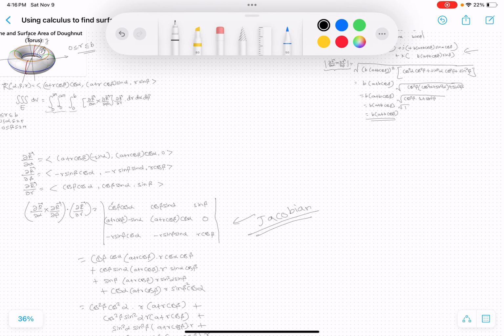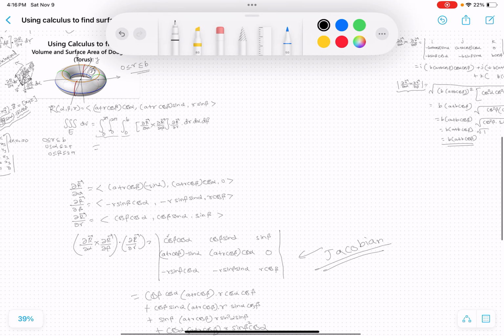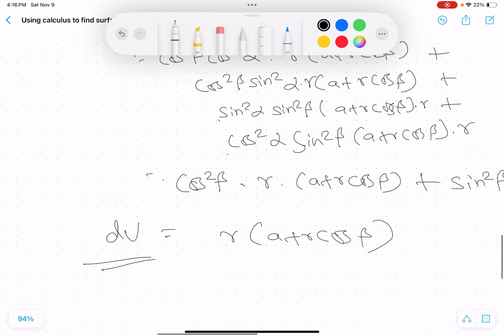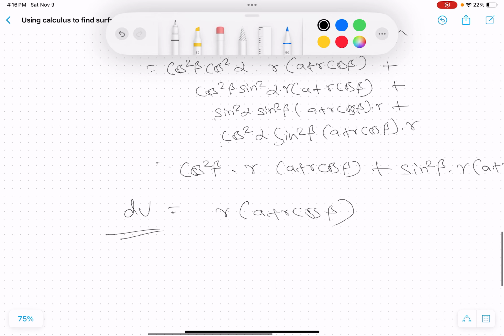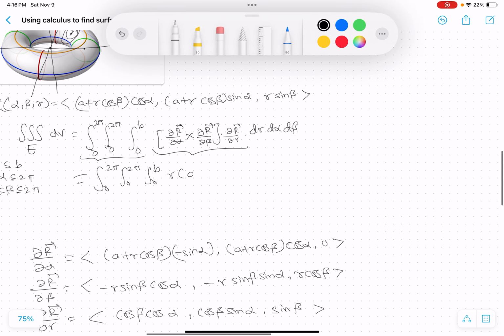Now let's do this. This is from 0 to 2 pi, from 0 to 2 pi, from 0 to b. And now this thing, we have just evaluated that it's actually equal to r times a plus r cos beta, right? No, I don't think it's b, it's beta.